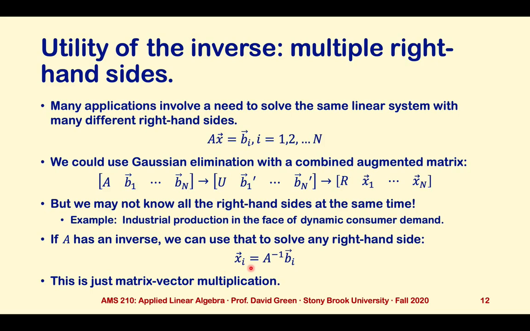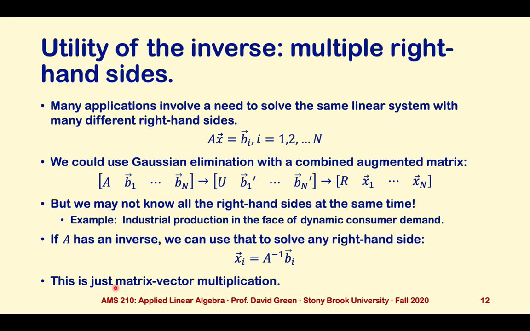When we go through later on the process of thinking about how we compute an inverse and how we apply Gaussian elimination, we will discover that matrix vector multiplication for big systems, imagine you have a system where A is 100 by 100 or 1,000 by 1,000, is much, much cheaper and much faster than doing Gaussian elimination.